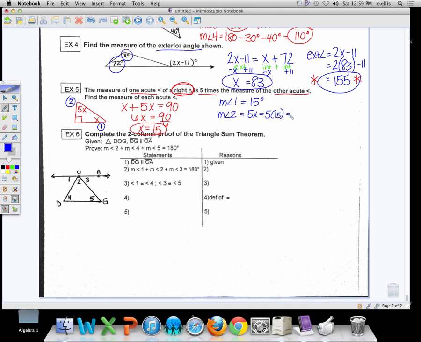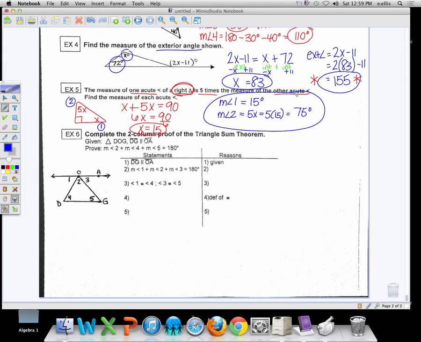And the measure of angle 2, which is 5 times x, 5 times 15 is going to give us a measure of 75 degrees. And this over here, there's both of your angle measures. Now you are finally finished with that problem. Again, beware, make sure you're plugging your variables back in to solve for the whole angles.